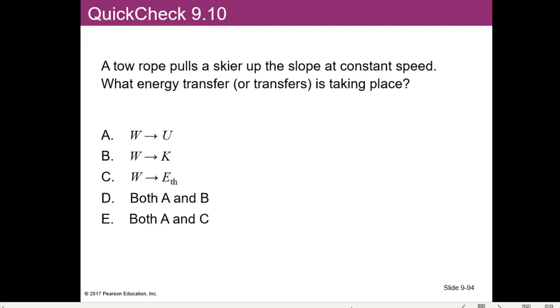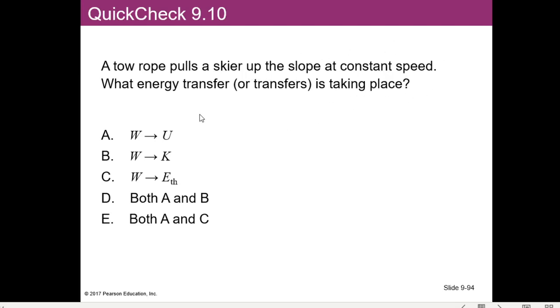All right. So let's see how we would apply that in a particular physical application. We've got a tow rope pulling a skier up the slope at constant speed. Now, if it's constant speed, his kinetic energy is not changing.